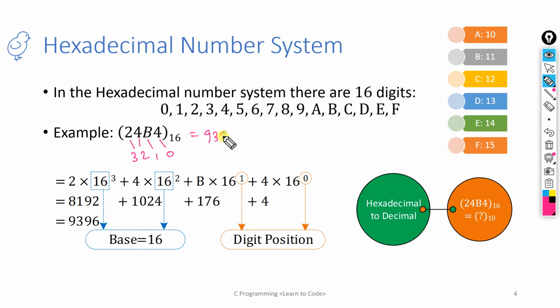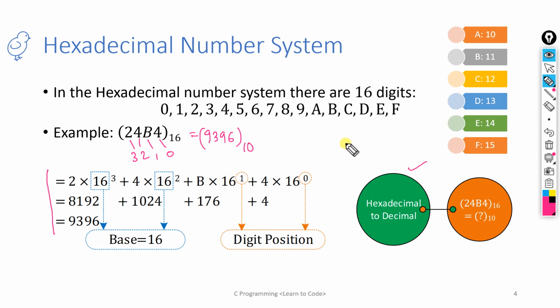So 9396 is nothing but the decimal equivalent of 24B4 of 16. Okay, so indirectly if somebody will ask you, if a hexadecimal number is given, how to convert it into decimal? This is the procedure you have to follow to convert it into decimal.